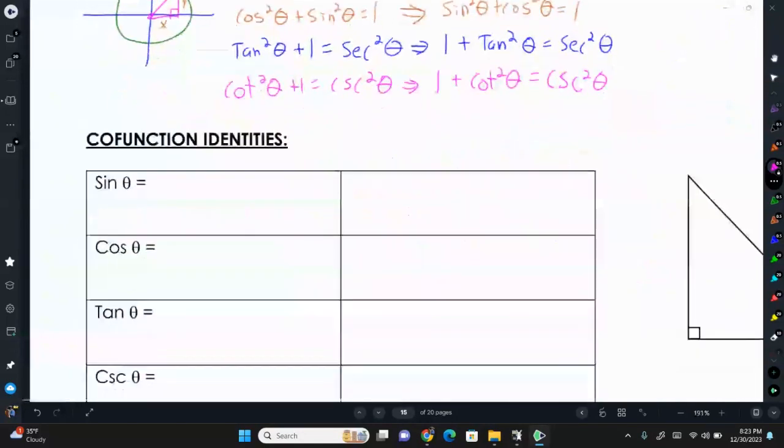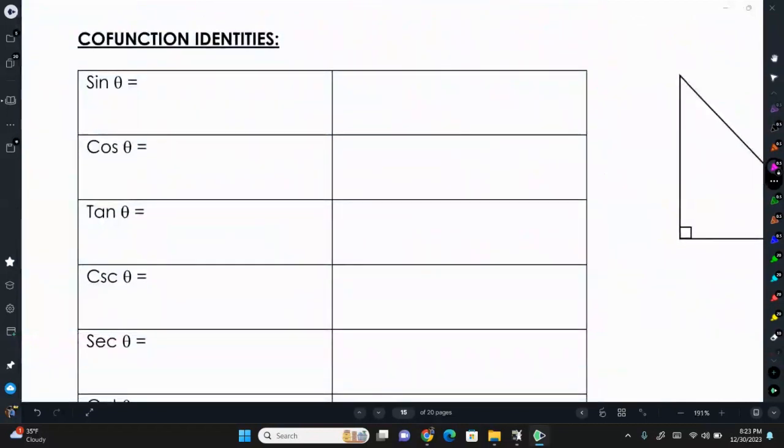The next type of identities we're going to talk about are called co-function identities. It sounds a little bit confusing, but we've already talked about these a little bit before.